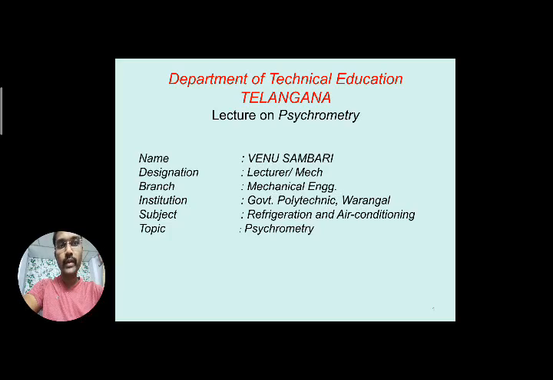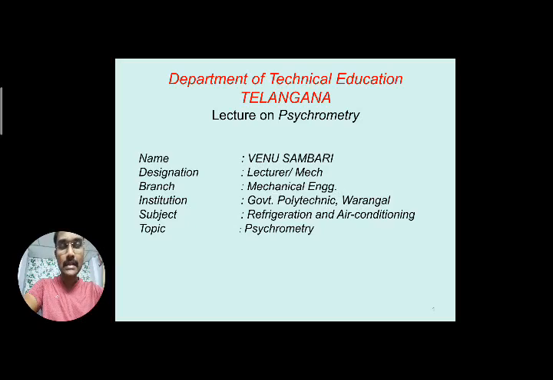In the last few video sessions, we mostly concentrated on the complete refrigeration part, and additionally we have seen the fundamentals of air conditioning and its equipment. Next we will start a new chapter in this video session, that is psychrometry. We'll see what psychrometry is and some psychrometry related terms.